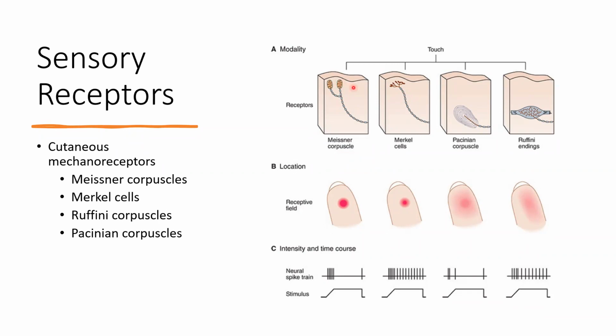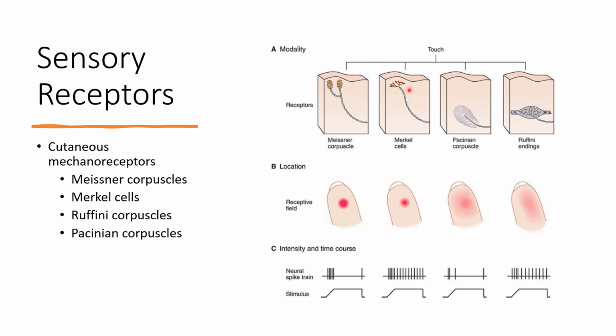Your Merkel cells, on the other hand, are also dendritic cells whose endings respond to sensations of stretch and fluttering vibration.